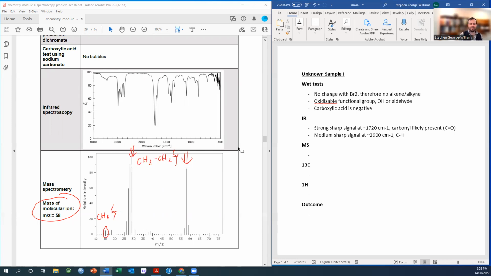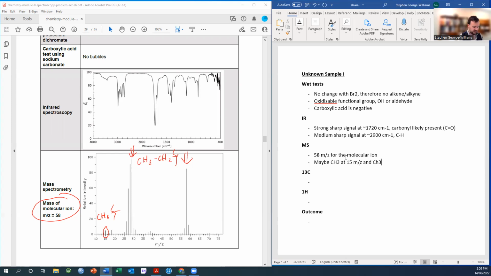I'm not getting much from this other than maybe that there's this aliphatic chain, at least a methyl, if not an ethyl, somewhere in there. But I wouldn't spend too much time on the mass spectrum. So the main things I'd pull out, 58 mass per charge for the molecular ion, maybe CH3 at 15.